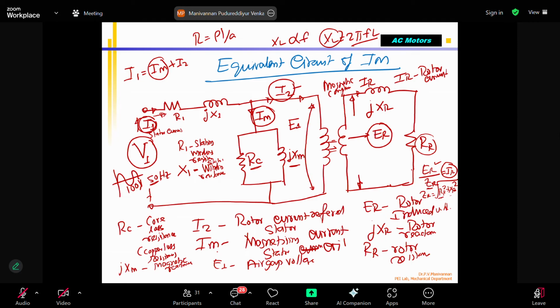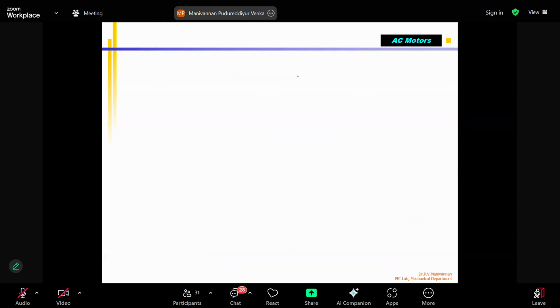Okay, now this equivalent circuit can be minimized like this. This is called the minimized equivalent circuit.